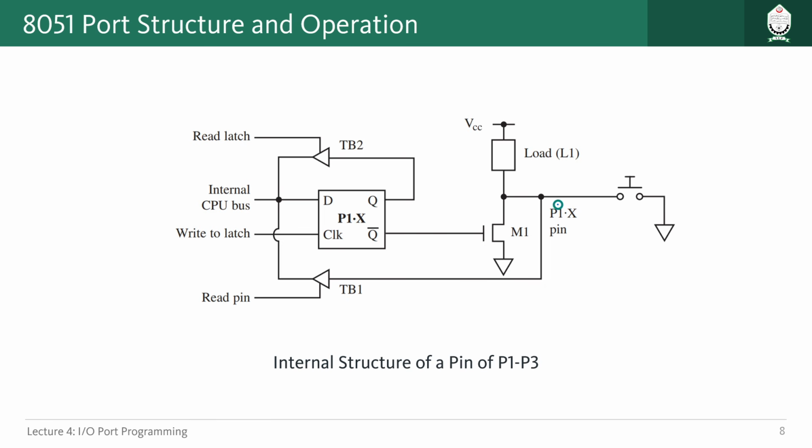All of the circuits we have seen for port 1, port 2 and port 3, these ports are called quasi bidirectional, almost bidirectional but not truly bidirectional. Even if you provide a one here, which is the prerequisite for it to behave as an input pin, then we can get 0 here that will turn off this particular MOSFET and no current will go through this path. So then we can use the input signals to come inside of our microcontroller, right?